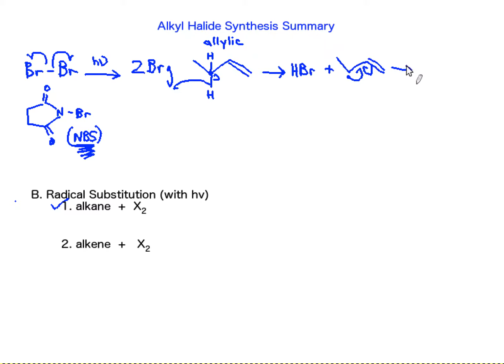That shifts where the double bond is. This is a double arrow showing we've got a resonance structure over here. Now the double bond is in between these two carbons. There we go. And this electron is left out by itself as a radical.